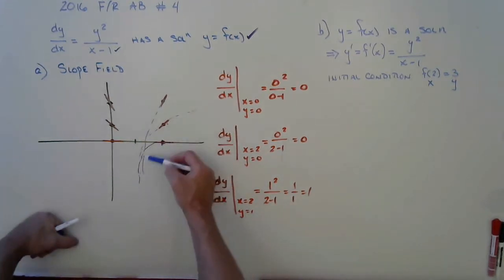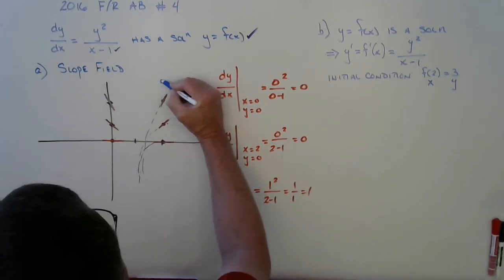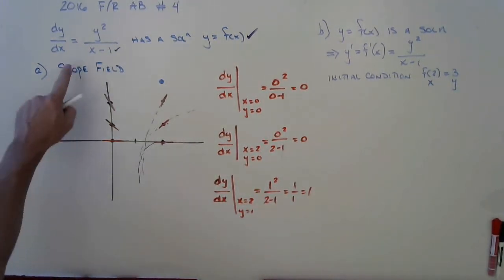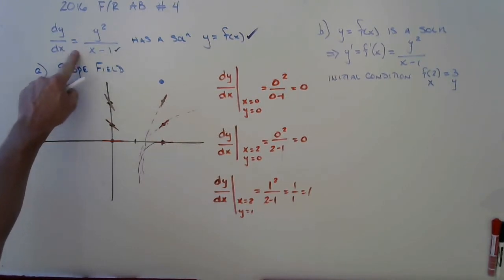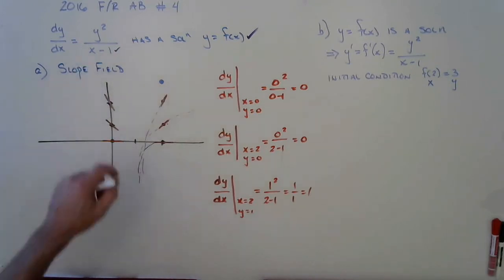See, these purple solutions, these are solutions. But we're looking for the solution that goes through that point. That's the one we want. There are an infinite number of functions whose derivative turns out to be this.